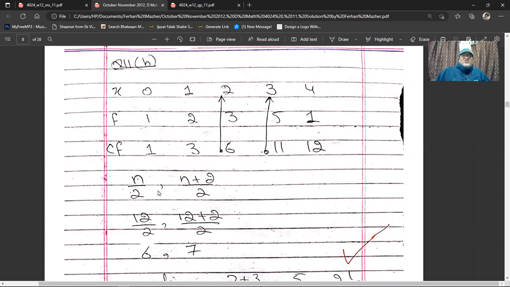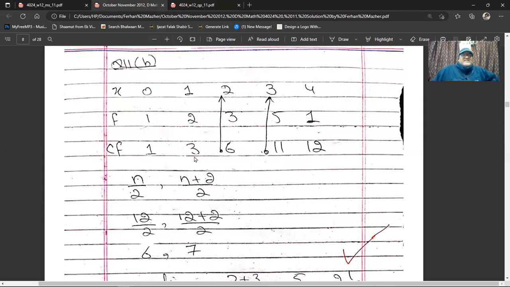So n by 2 and (n plus 2) by 2, where n is 12: 12 by 2 means the sixth number, and 12 plus 2 is 14, and 14 by 2 is 7. So in this data, in the middle will be the sixth number and the seventh number. Now I am going to find out which one is the sixth number.